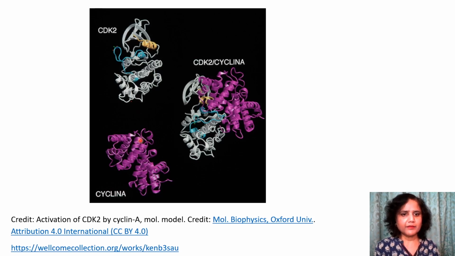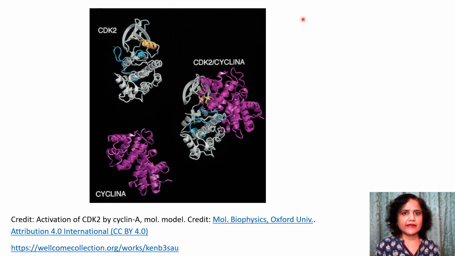Upon cyclin binding, as you can see in this complex, the cyclin-dependent kinase undergoes some structural changes involving its activation segment, shown here in the cyan blue color, and in the C helix, which is shown in gold color.